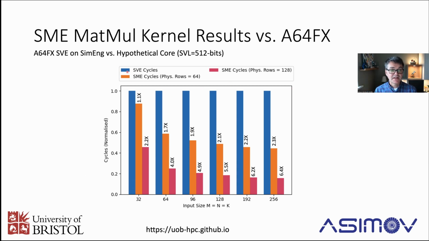We can look at the first columns, which are A64FX without SME. Then we've got 2 different versions of SME, with different amounts of work they can do in parallel. This was doing one matrix multiply size, and you can see as the input size gets bigger and bigger, up to 256 on the side, you get more and more speed up, up to 6x, using this hypothetical SME core instead of just using SVE.